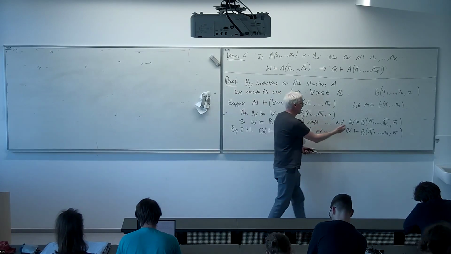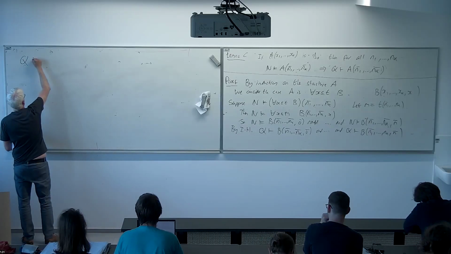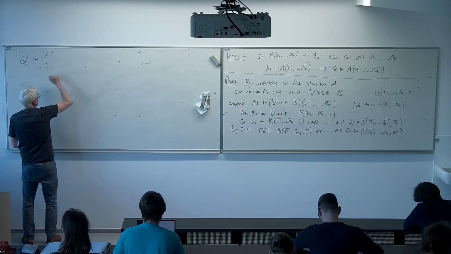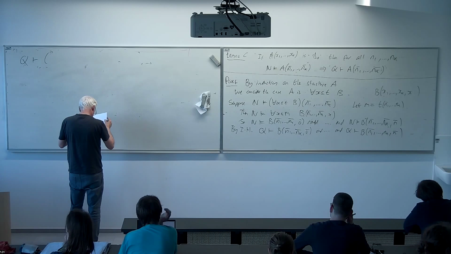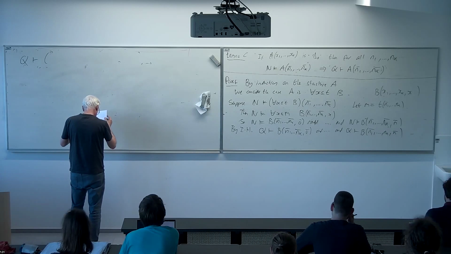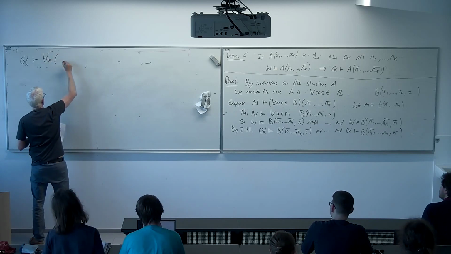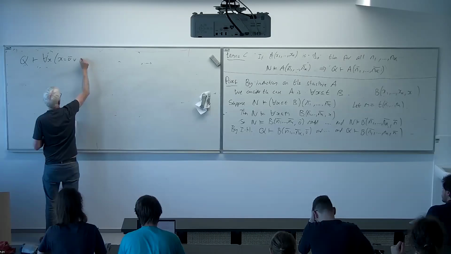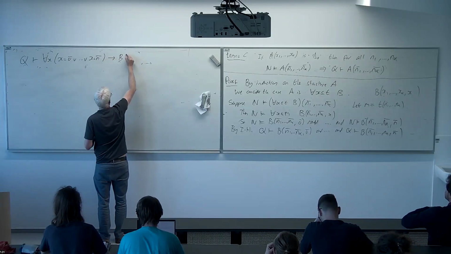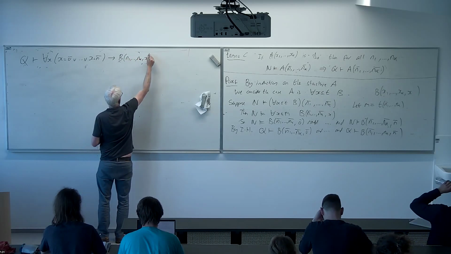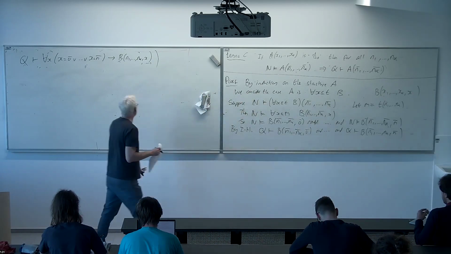But of course, if Q proves all of these, then just by properties of disjunction in first order logic, Q proves the disjunction: for all x, if x equals 0 or x equals 1 all the way up to x equals m, then D holds for n1 up to nk for x. That basically follows immediately from these k plus 1 assumptions there.